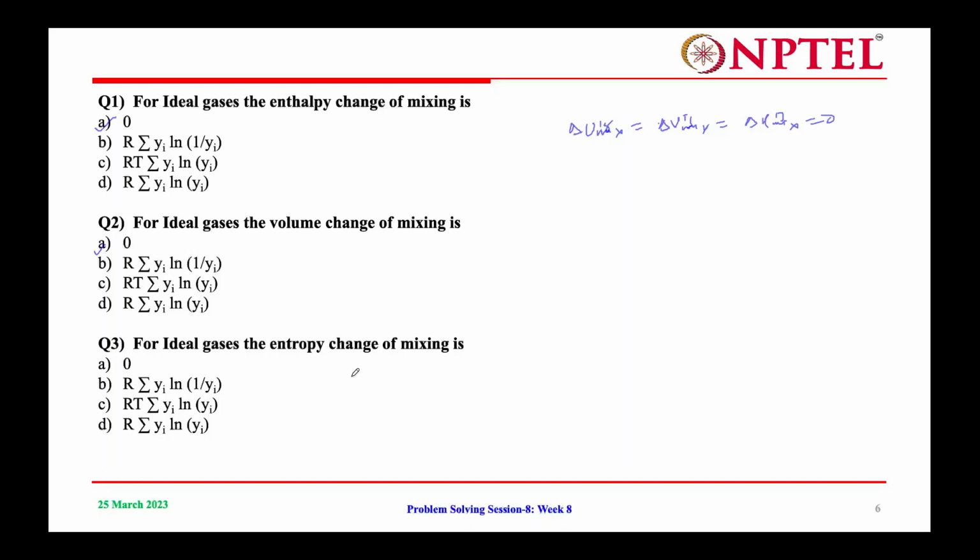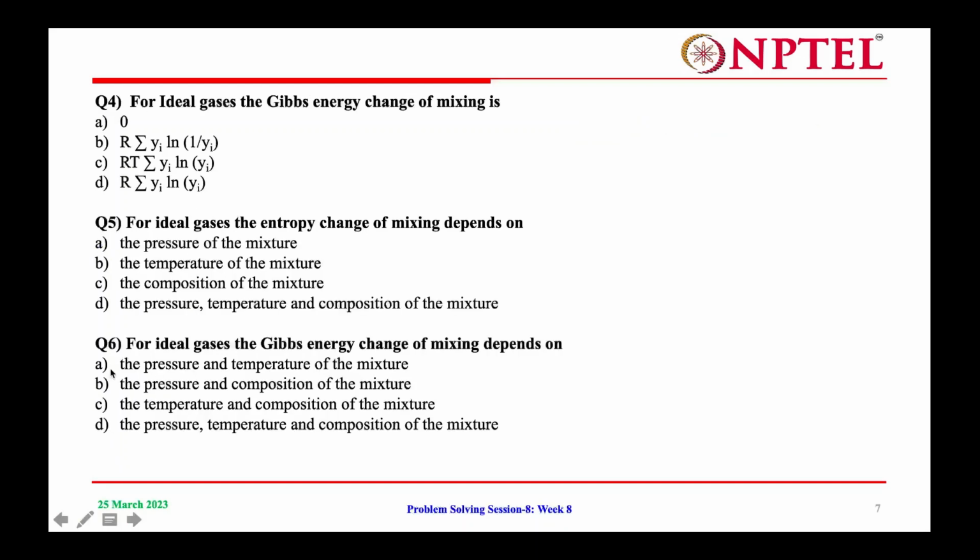For ideal gases, the entropy change of mixing is, right. For ideal gases, the Gibbs energy change of mixing. Question 5, for ideal gases, the entropy change of mixing depends on, here as per the composition.